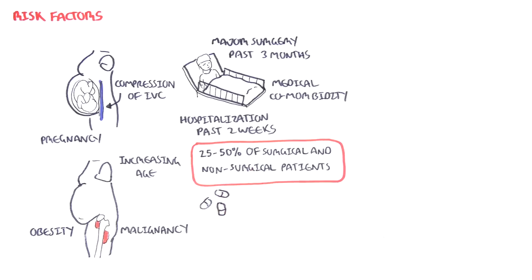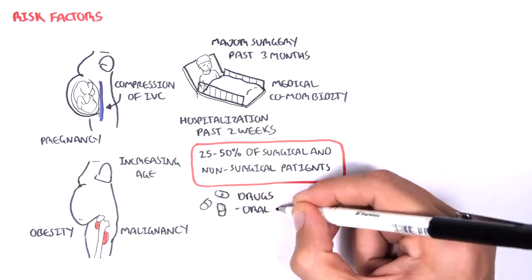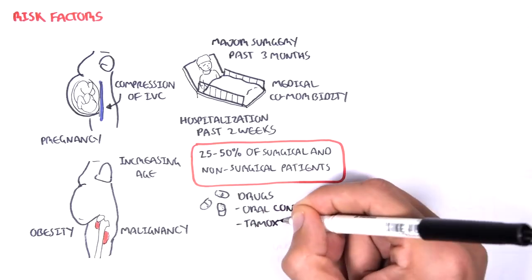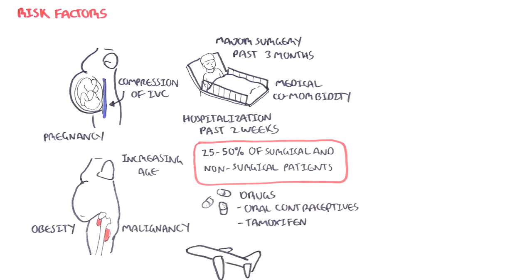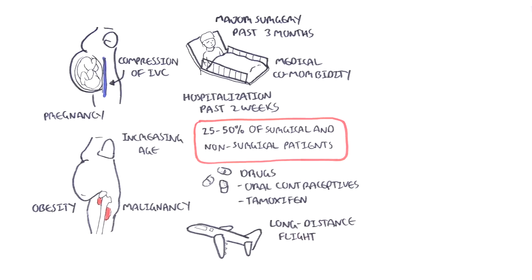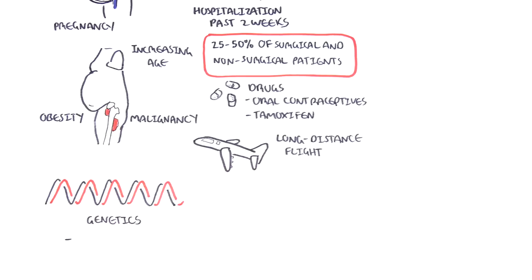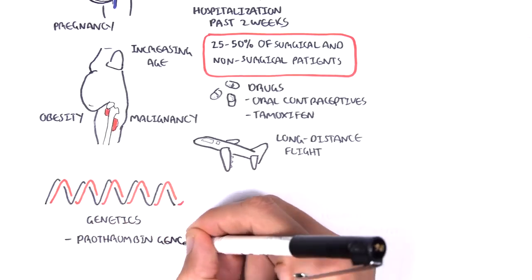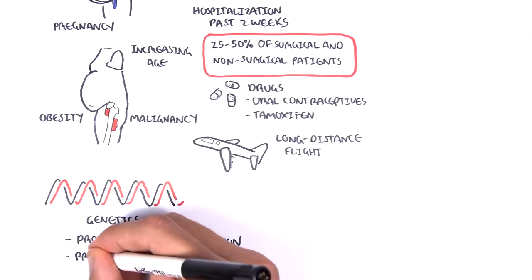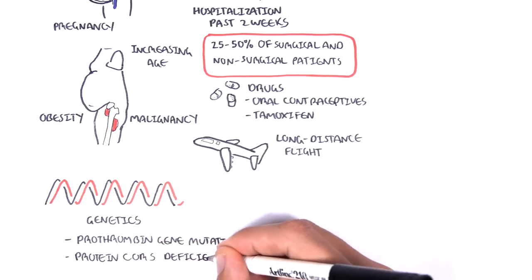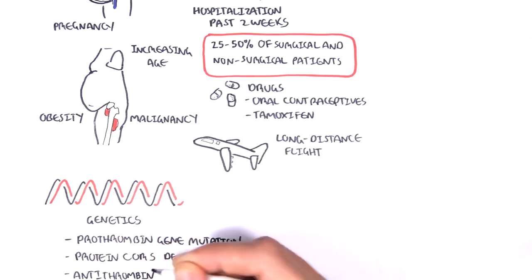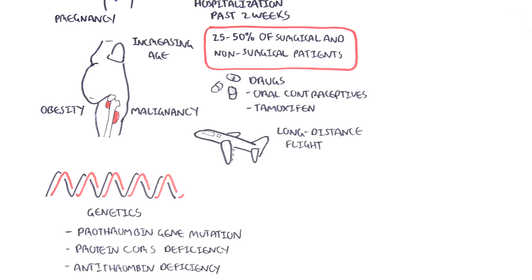Other risk factors for DVT include being on certain medications such as oral contraceptives, tamoxifen, being on long-distance flights. Genetics also plays a role in increasing the risk of DVT. Genetics including antithrombin G mutation, protein C and S deficiency, and also antithrombin deficiency.